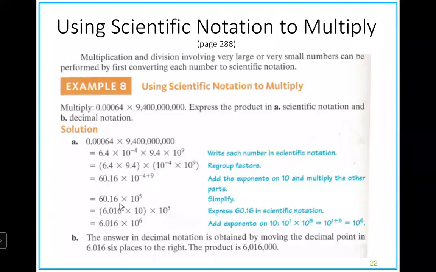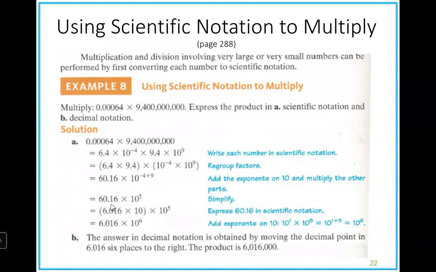Now this is not exactly in scientific notation because this 60.16 doesn't fall between 1 and 10. For it to be in strict scientific notation, the first number must be between 1 and 10. This number is greater than 10.